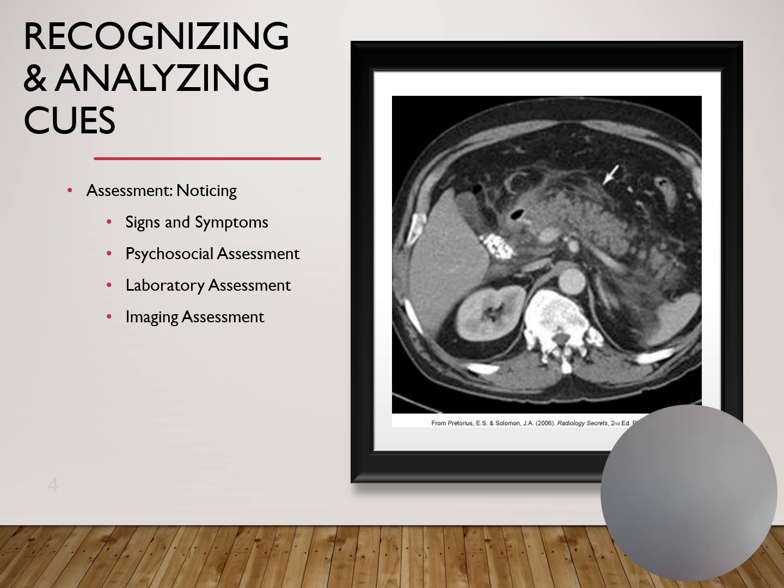With acute pancreatitis, we're looking at this picture here in the slide, and it's demonstrating a peripancreatic stranding, which is a finding of pancreatitis. There are also multiple gallstones in the gallbladder, and this was the cause of this client's pancreatitis.